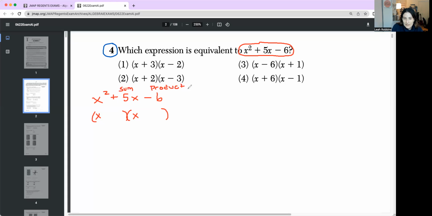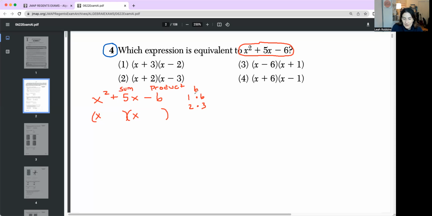When you're doing this, I usually like to start with my factors of 6. So all I've got is 1 times 6 and 2 times 3. Now, since this is a negative, that means one of my values needs to be negative, one of my values needs to be positive.